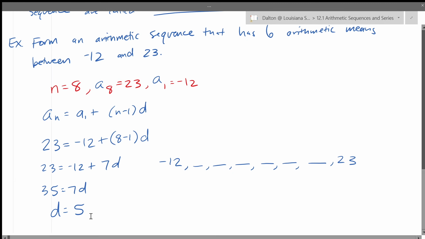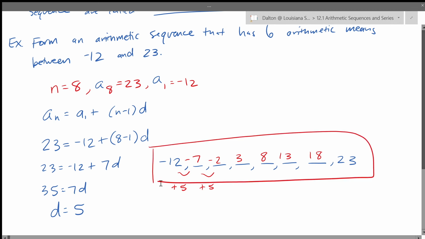Now that I know that the common difference is 5, then I simply will just add 5 each time. -12 plus 5 is -7. -7 plus 5 is -2, plus 5 is 3, plus 5 is 8, plus 5 is 13, plus 5 is 18, plus 5, I should get my final answer of 23. So this would be my answer. That would be an arithmetic sequence that has 6 arithmetic means between -12 and 23.